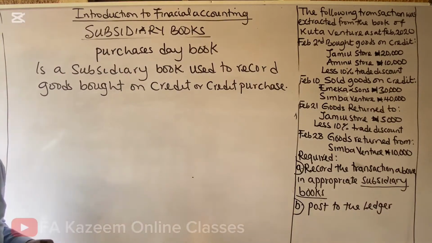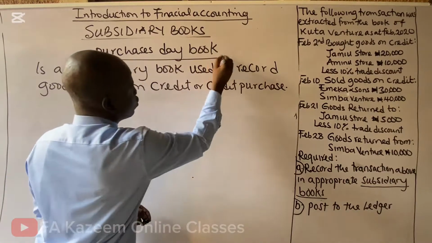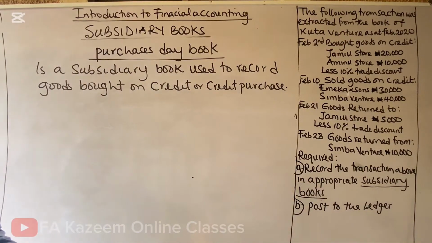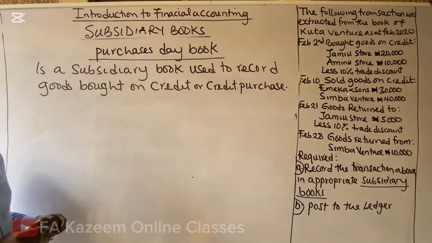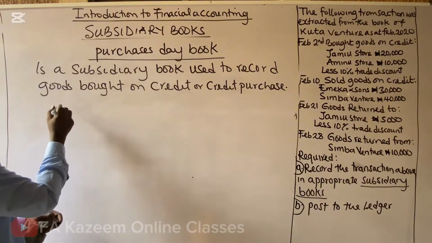When goods are bought on credit from a supplier, the appropriate book to record this transaction is the purchases day book, or we call it the purchases journal.